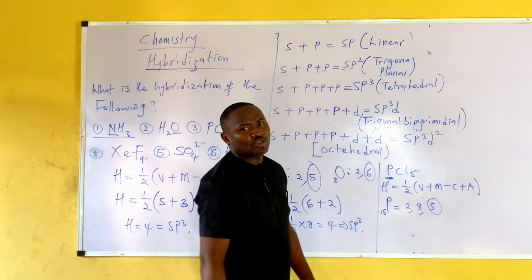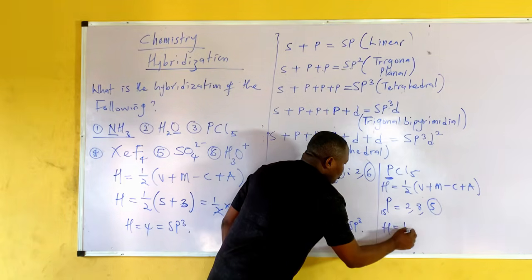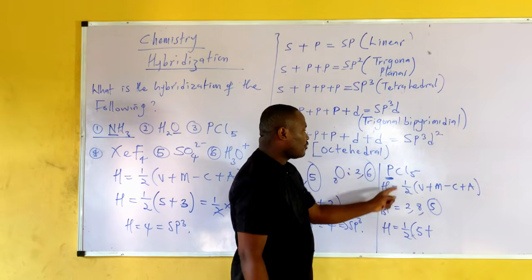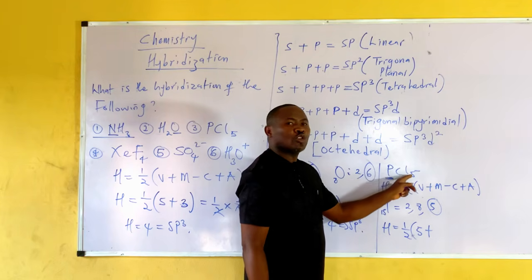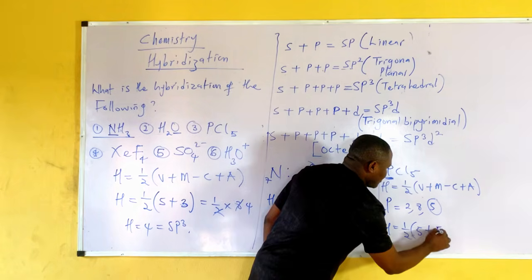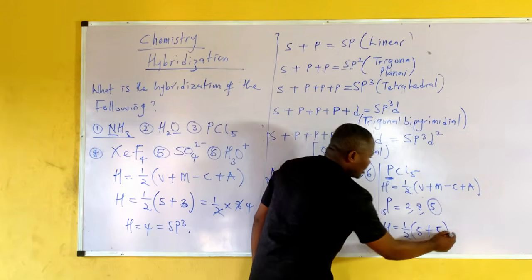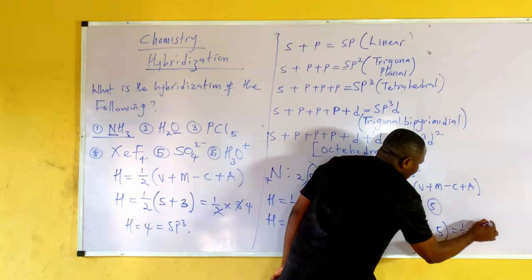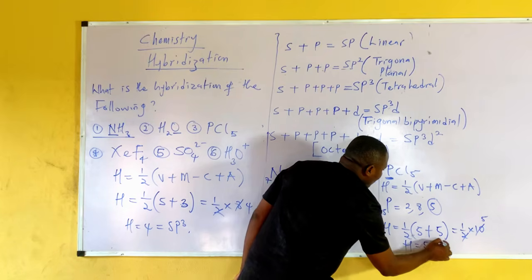So the valence electron is 5 in phosphorus. So H will now be equal to 1 over 2 open bracket 5 plus the number of monovalent atoms surrounding phosphorus, which is 5 chlorine, so plus 5. There is no cation, no anion. What is this equal to? It's 1 over 2 times 10. What's the answer? 5.